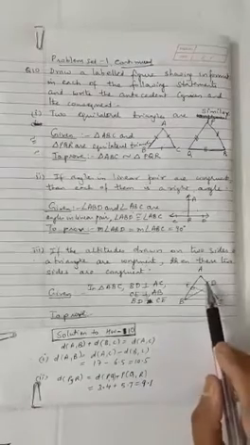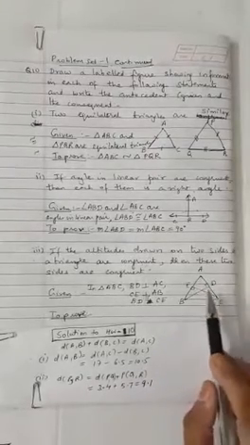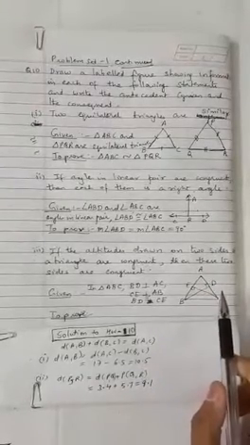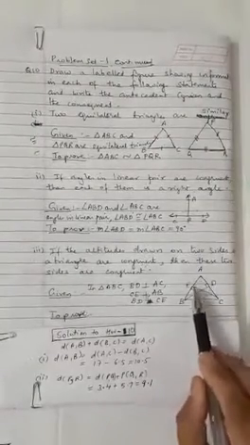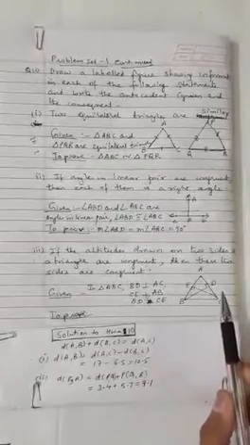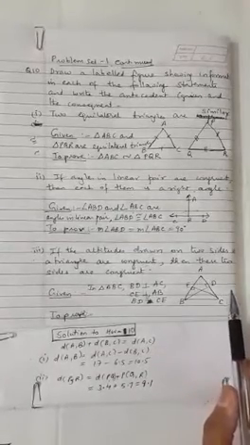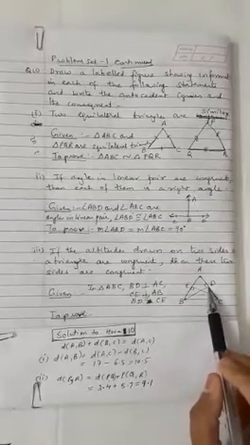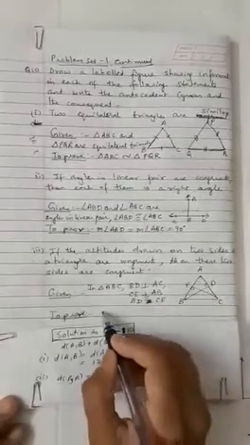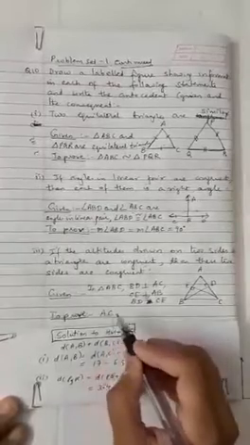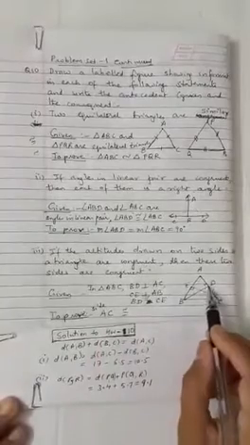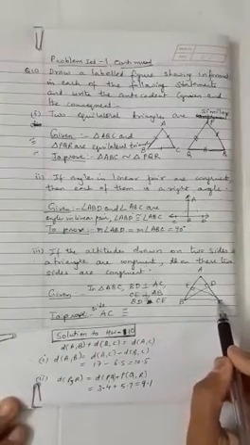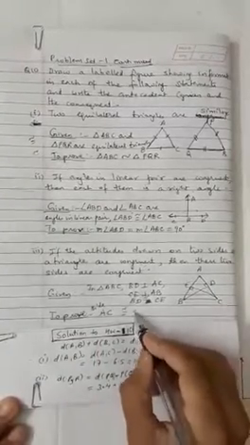I repeat once again, triangle ABC is given to us, children. We have already drawn the two altitudes. What they are saying is, if the altitudes are same, then the sides on which the altitudes are drawn will also be equal. Now BD is drawn on which side? It is drawn on side AC, and CE is drawn on side AB.